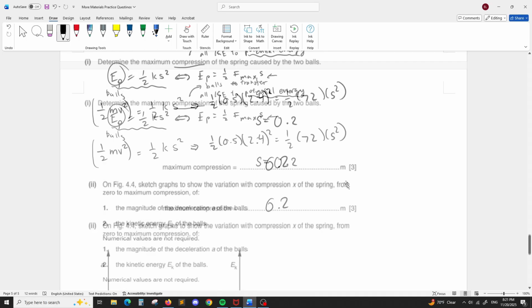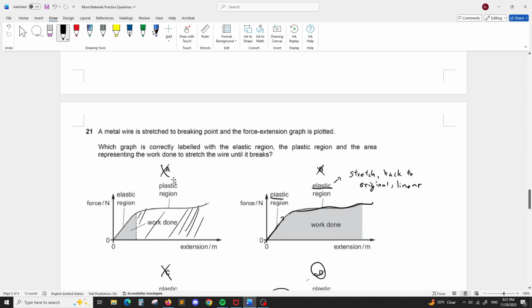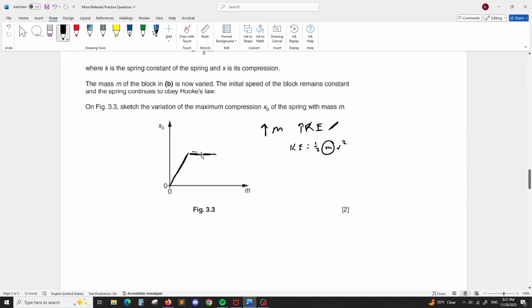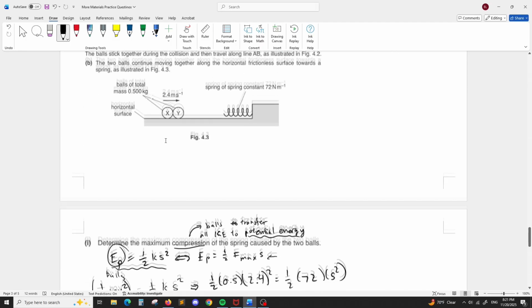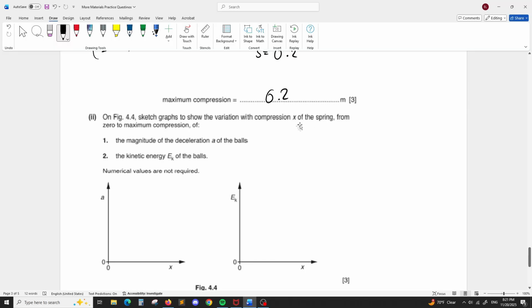So I know in a previous problem, we did this plateau, because as we continue on, we'll eventually reach infinite mass kind of. This goes on forever, depending on the spring, as long as it doesn't break. But essentially, we're going from 0 to maximum.